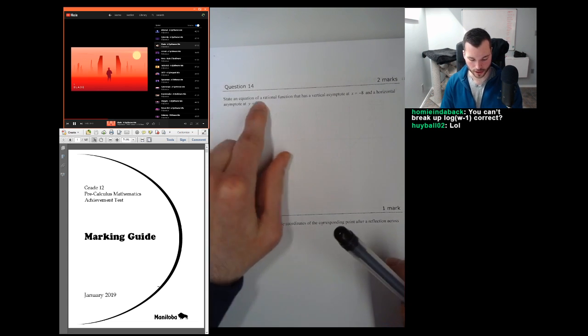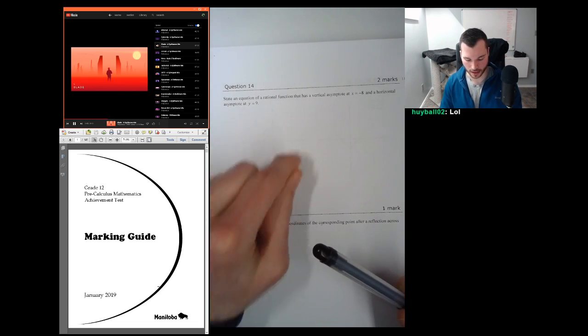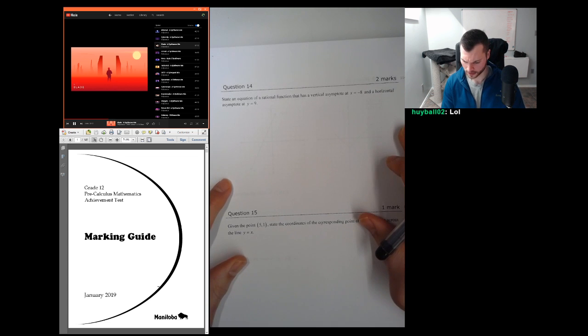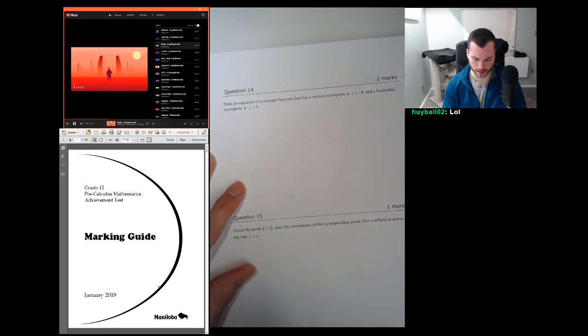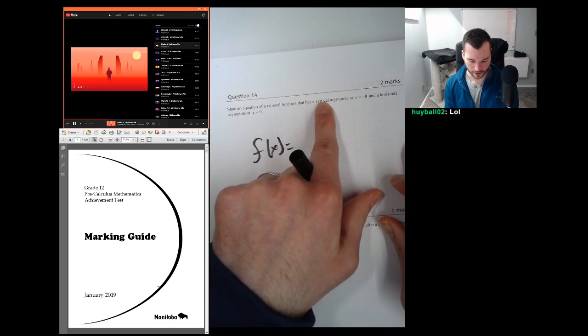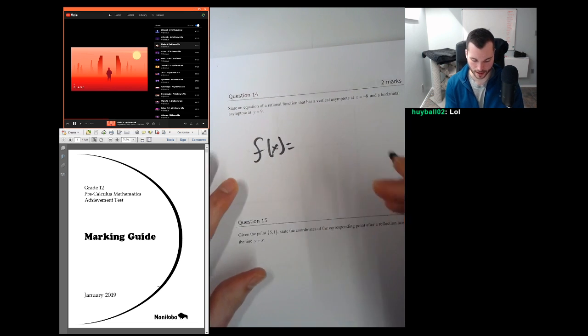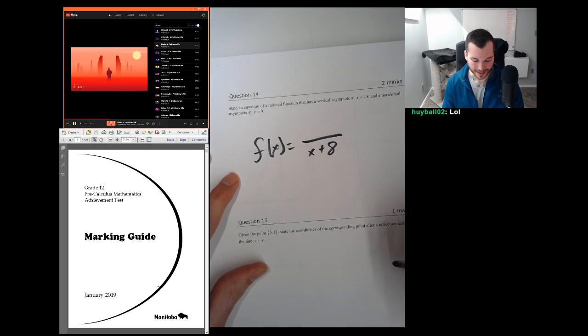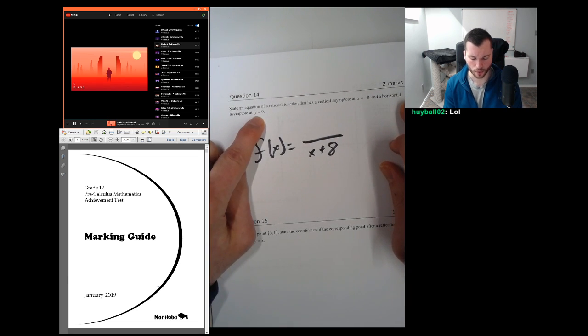Okay, state an equation of a rational function that has a vertical asymptote and a horizontal asymptote of that. Cool, there's thousands and thousands of answers. Let's just go ahead and do this. f(x) equals a rational function that has a vertical asymptote at, I'm going to do that one first, and a horizontal asymptote at y is equal to 9.